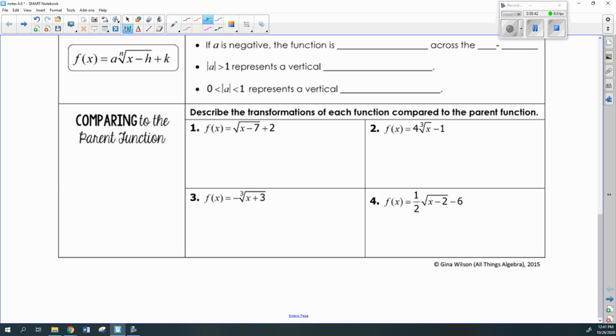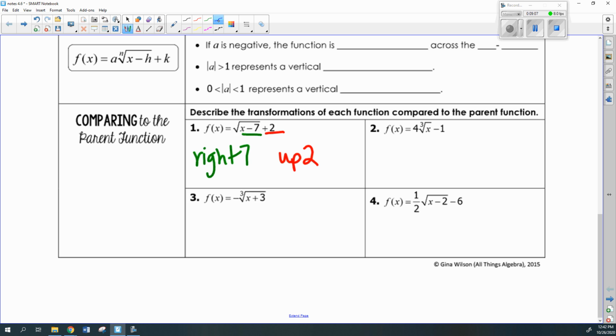So in number 1, a -7 under the radical, that's just like being in the grouping symbol, is a right 7, and the +2 outside of the radical is an up 2. Now, if you think you got the hang of it and you want to pause the video and try the other ones on your own, that would be awesome. Otherwise we're going to keep on rolling through.